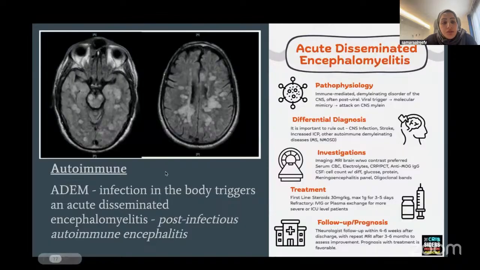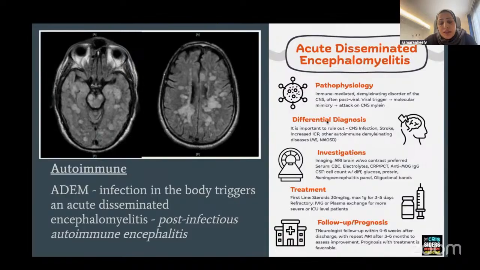On the other hand, the autoimmune classification of encephalitis is known as ADEM, or acute disseminated encephalomyelitis, also known as post-infectious autoimmune encephalitis.